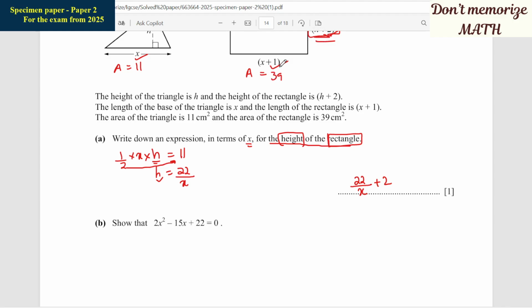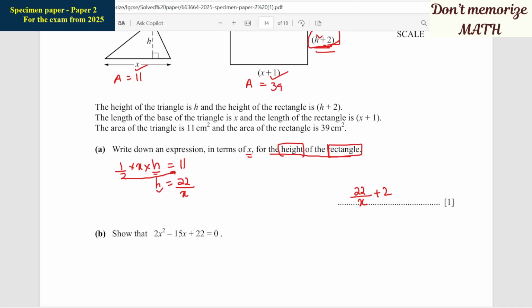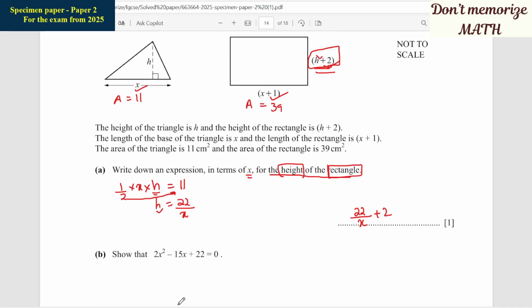So what is the area of the rectangle? Area of rectangle is length into breadth. Length is x plus 1, height is h plus 2, equal to, what is the area? Area is 39.